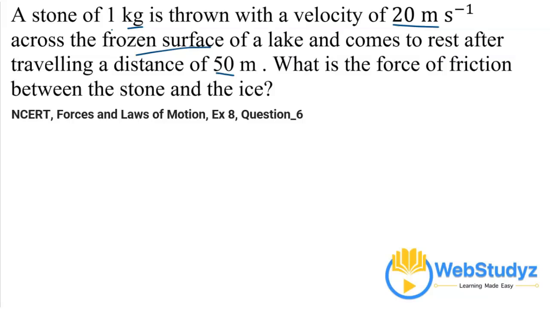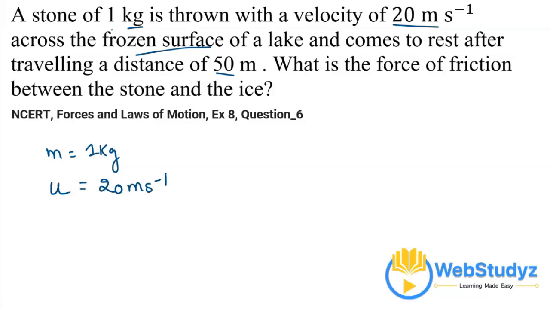So here in this question, we are given some minute details. Let's jot it down. The mass of stone is given as 1 kg, and it is thrown with a velocity of 20 meters per second. That is, initial velocity, represented by u, is equal to 20 meters per second.